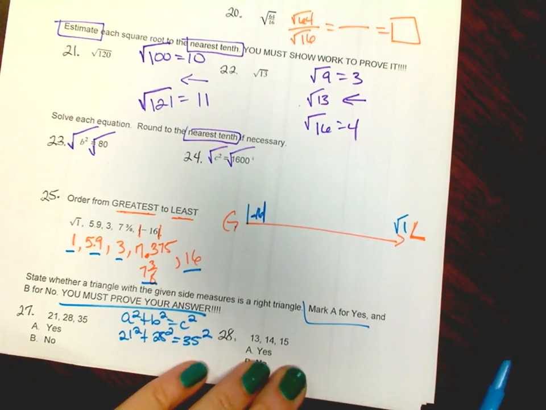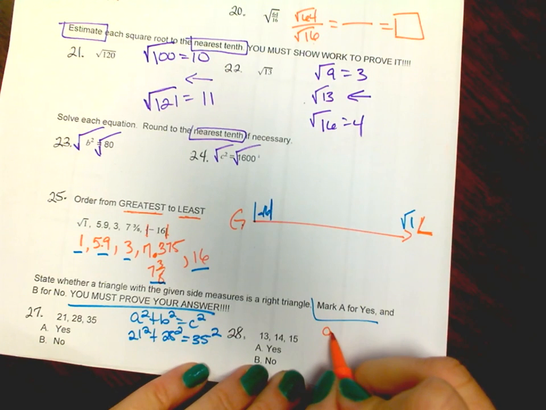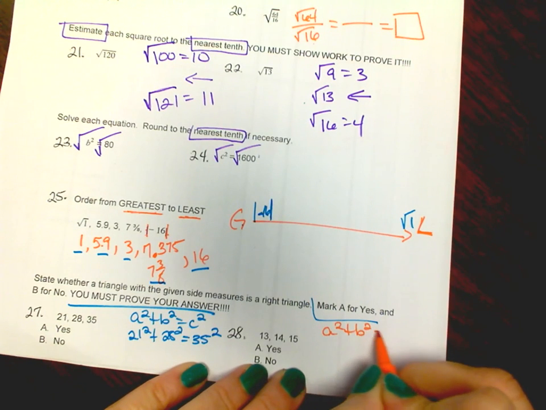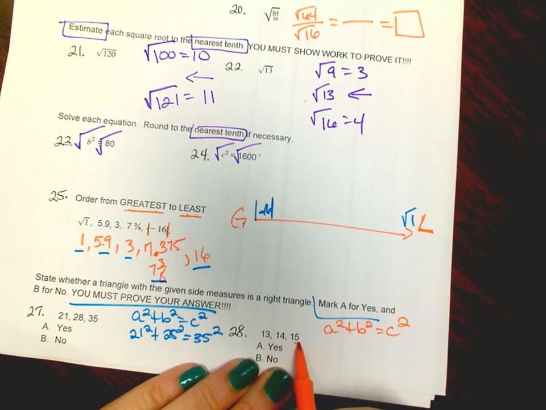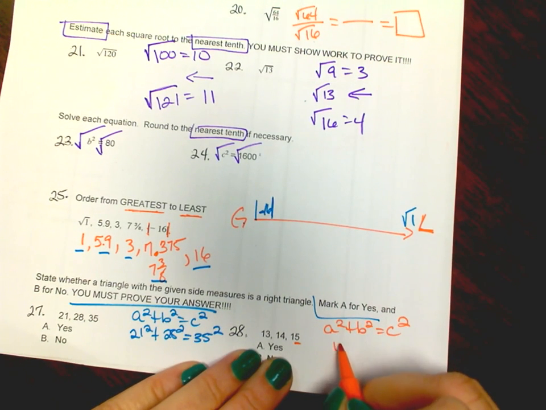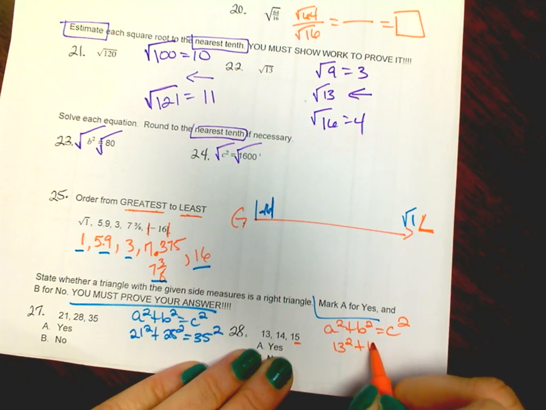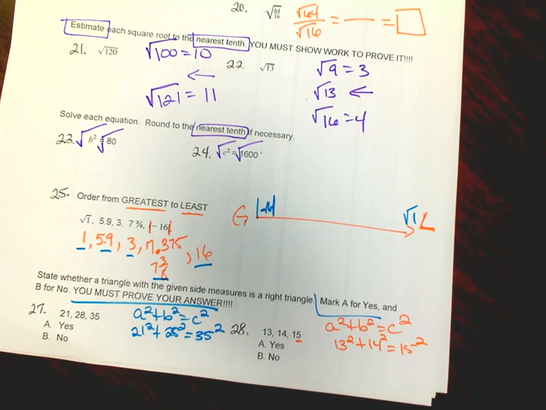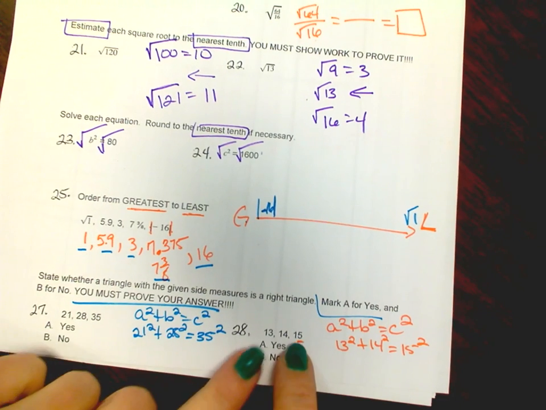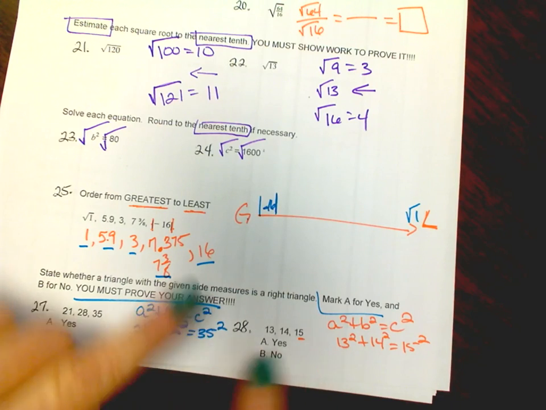Same thing. Switch colors. A squared plus B squared equals C squared. So my longest side is going to be my C. 13 squared plus 14 squared equals 15 squared. And prove those right or prove them wrong. And really be aware that they may scramble these numbers up.